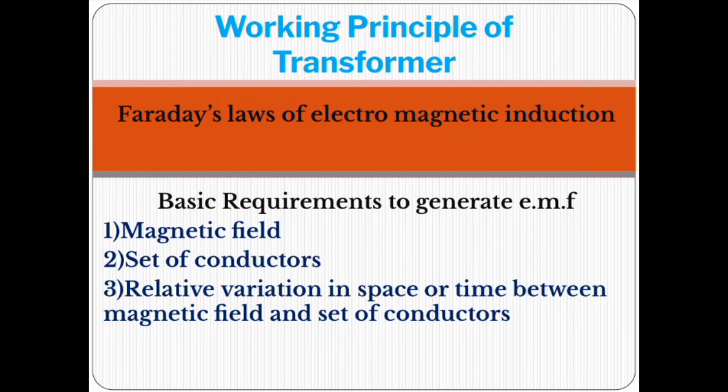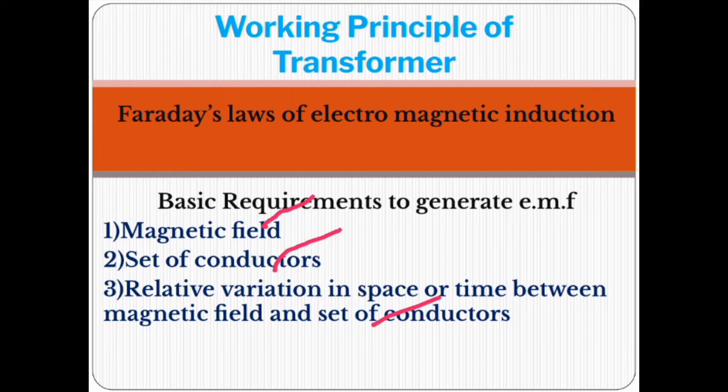For inducing the EMF, the basic requirements are three: magnetic field, set of conductors, and relative space or time variation. According to the statement, we can analyze that these three are basic requirements.